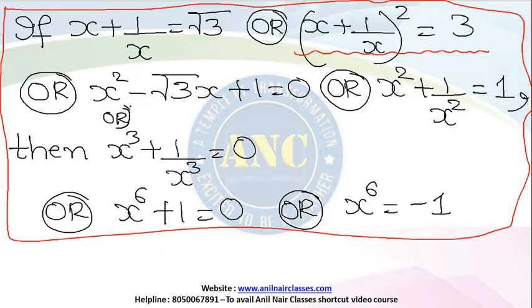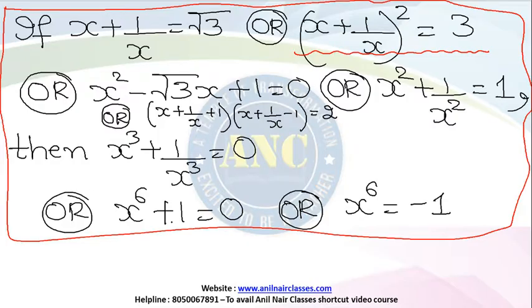In the if condition itself, another way is x plus 1 by x plus 1 into x plus 1 by x minus 1 equal to 2. Then x cube plus 1 by x cube is equal to 0, or x power 6 plus 1 equal to 0, or x power 6 is equal to minus 1.